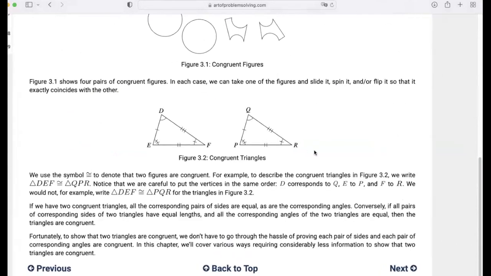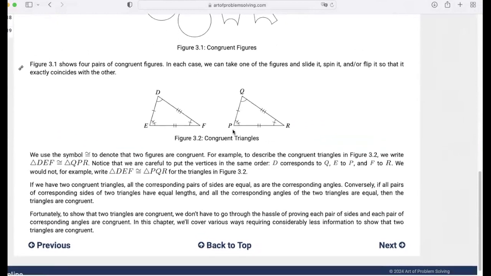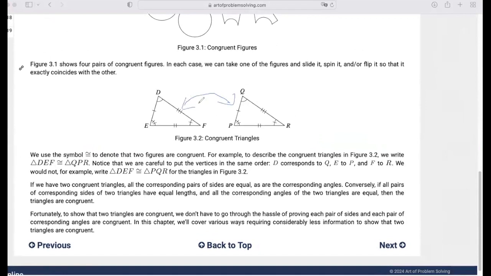Okay, this is also written here. For example, you can flip it or spin it. Sometimes when they appear as congruent triangles, they don't look the same, so it might be spun. For example, it could be Q, P, and then R, okay?